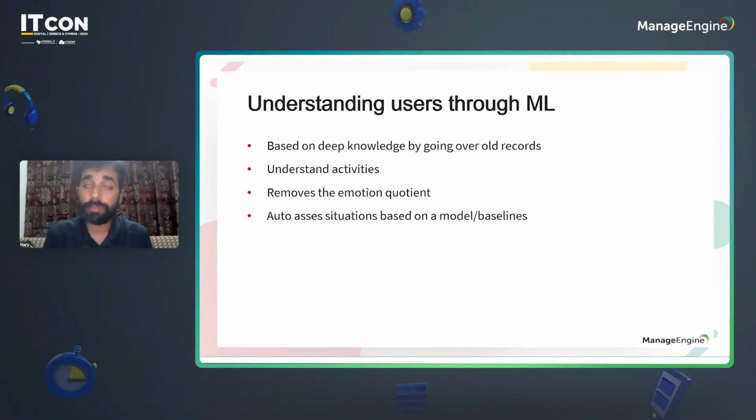This is what I feel from the interaction that I've had for 8 years through ManageEngine and my stint in the US, meeting a lot of administrators. Though they might seem harsh, they are very, very emotional, and they take the blame instead of giving it to the respective people who have done the damage. So this removes it, and it calls a spade a spade, and it auto assesses situations based on models and baselines, right?